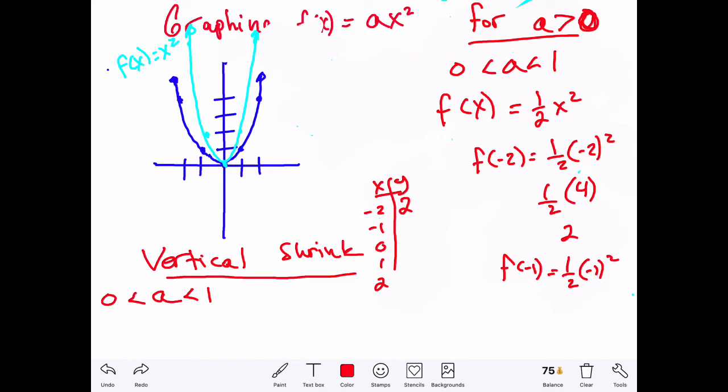But remember, we do the -1 squared first. -1 times -1 is +1, and then we multiply by 1/2. If I plugged in my other values, I'd have 0, 1/2, and 2. Let's go ahead and graph this. At -2, I'm at 2. At -1, I'm at 1/2. 0, 0, 1, 1/2, and then 2, 2. And then I'm going to draw the shape.